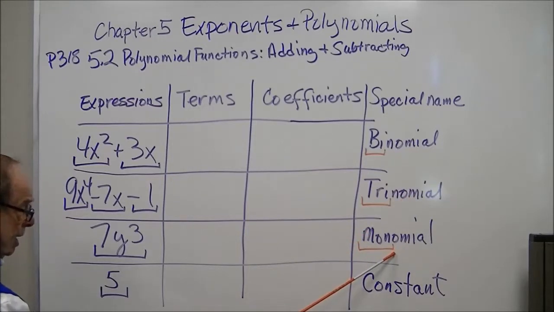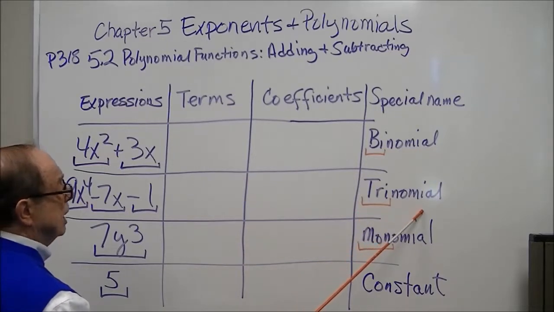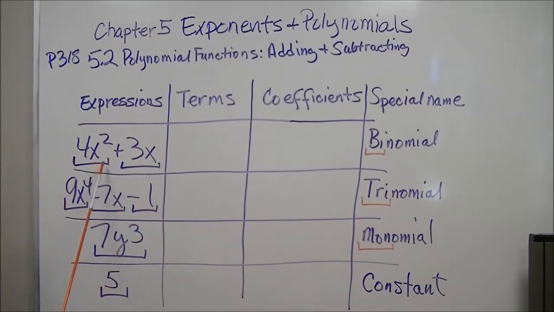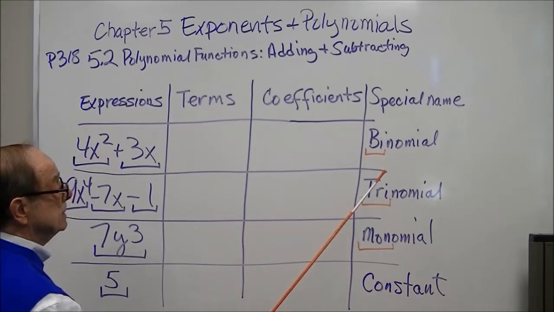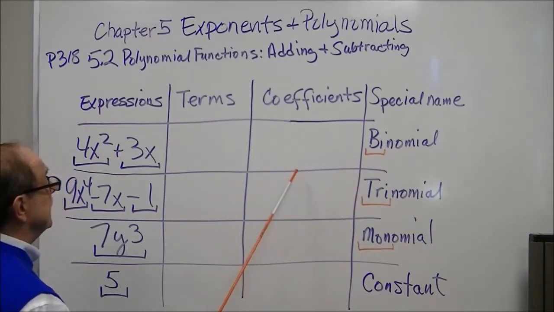We call it a monomial. Mono being the prefix for one. Here, this expression has 3 terms, so it's called a trinomial. This one has 2 terms. It's called a binomial, like a bicycle with 2 wheels.